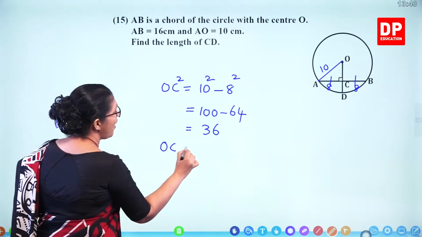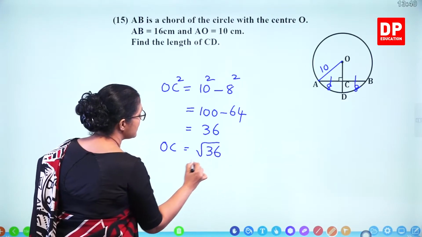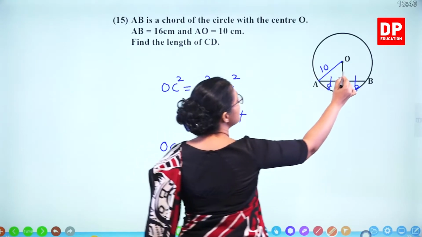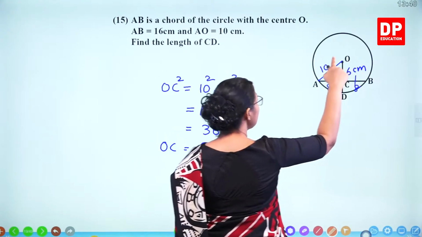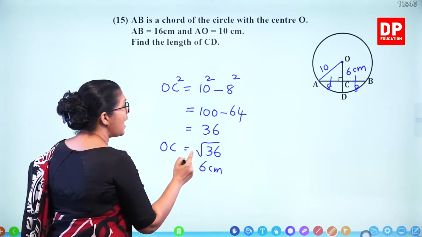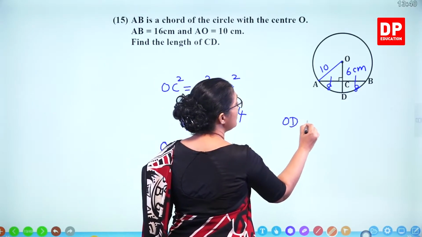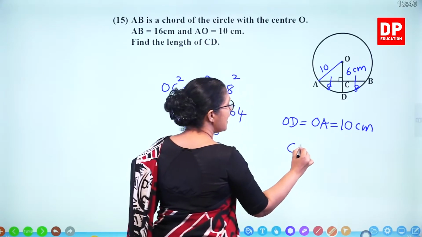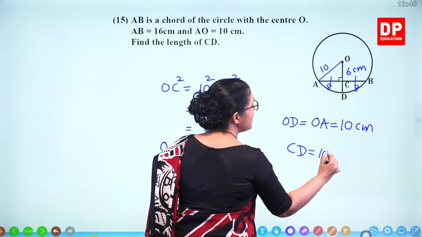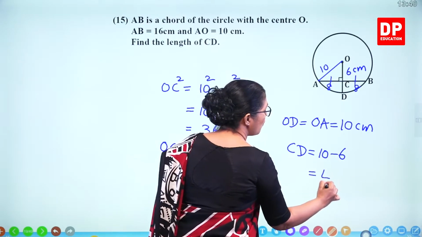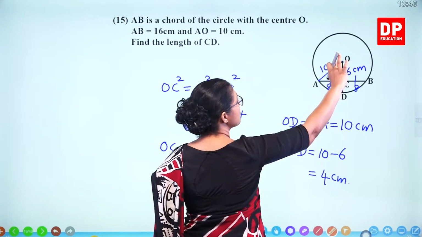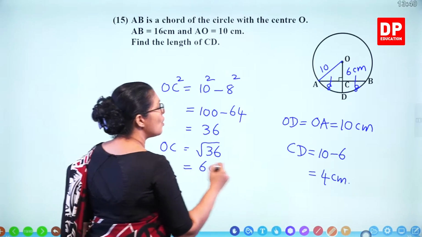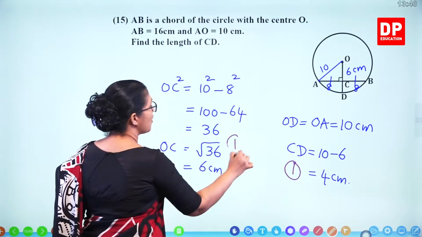When you take the square root of 36, you get 6 centimeters is OC. We know OD and OA both are equal. So what is CD then? 10 minus 6, 4 centimeters. This minus this. So you get 1 mark and 1 mark for this method.